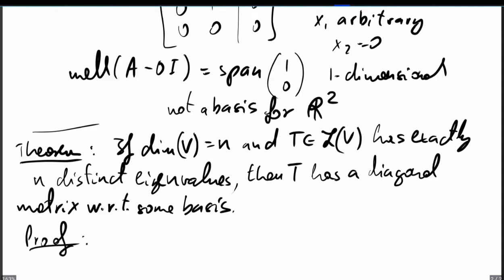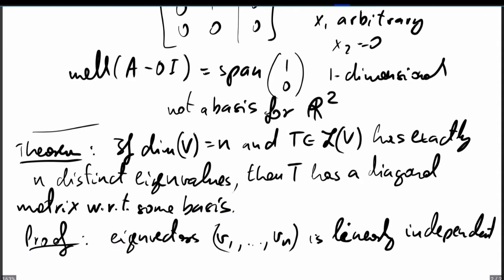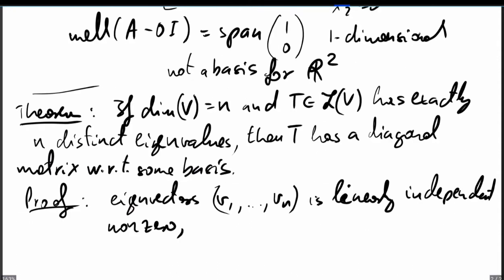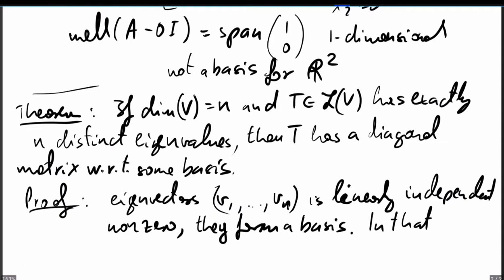What we have is that the eigenvectors v1, ..., vn are linearly independent. They are all different and non-zero, and that means they form a basis, since there are the same number as the dimension of the vector space. And in that basis, T is diagonal.